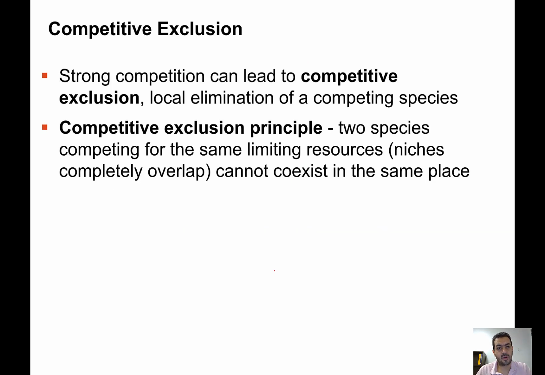If we have a very strong competition, it may lead us to something we call competitive exclusion. So now the strong competitor is going to exclude the less strong competitor out of this niche, so it will lead to the elimination of the weaker or the less strong competitor.